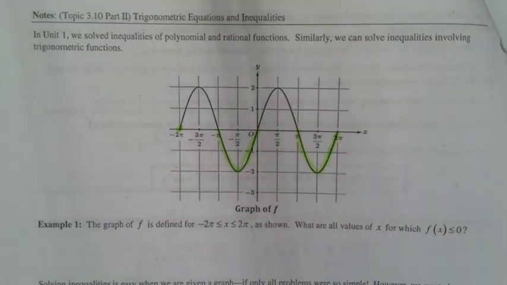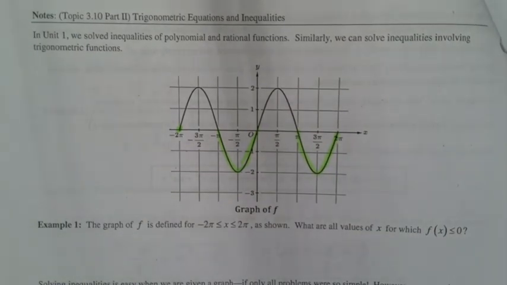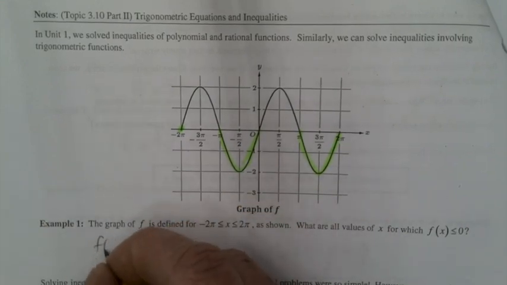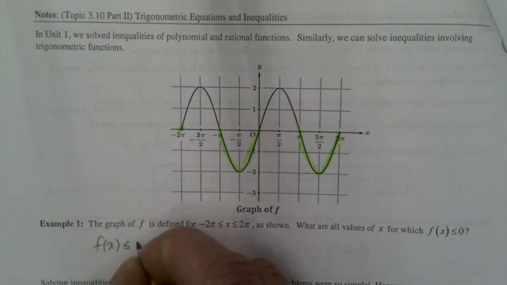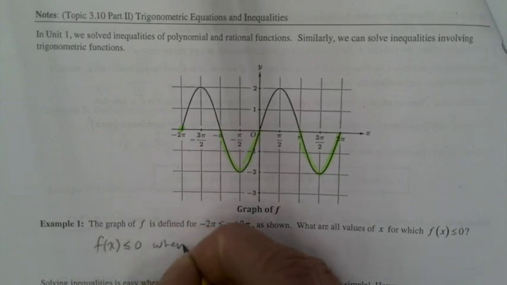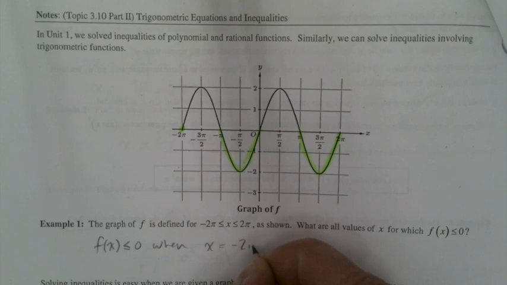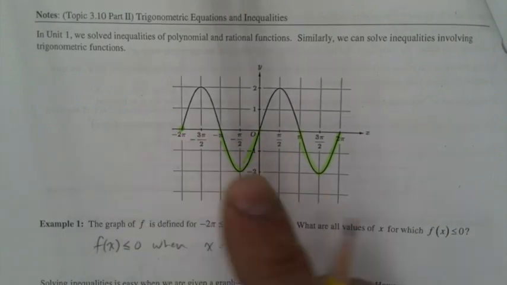So when I answer this one, I'm going to go ahead and say f of x is less than or equal to 0 when x is equal to negative 2 pi. That's just that one point.